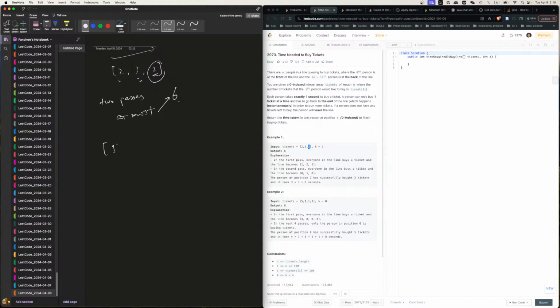So in this case, we have 5, 1, 1, 1. We know this is a 5, so we say at least we need to go 5 passes. So the basic time is going to be 5 times 4 equals 20.